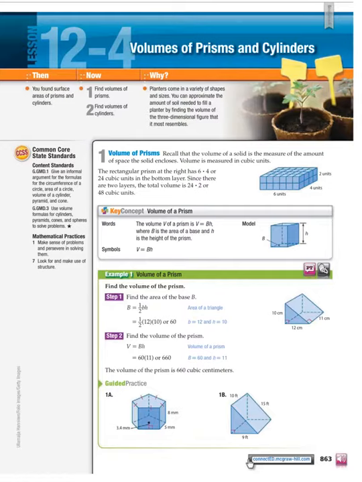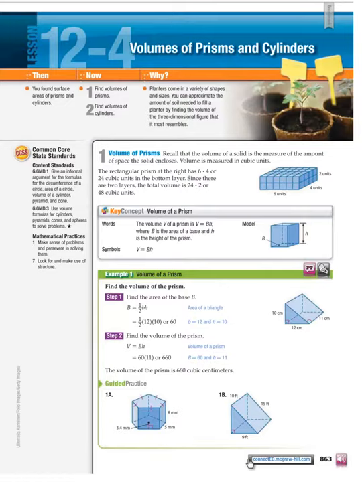So keeping that same mindset, when we have a prism, we want to find the area of the base. How much space is that entire base covering? And then multiply that entire area by how high up we bring that entire area. It's like stacking pennies on top of each other.